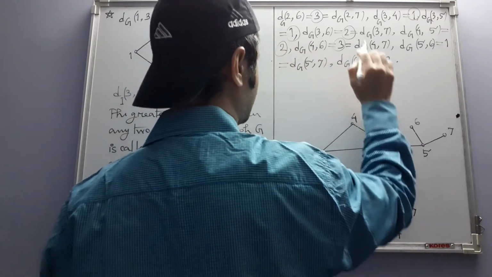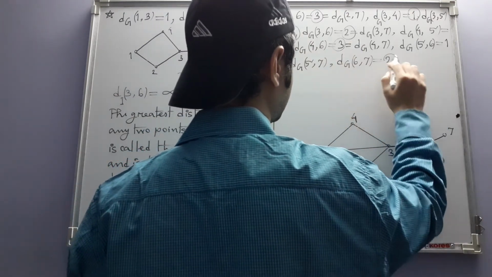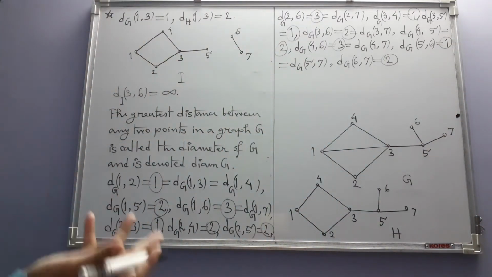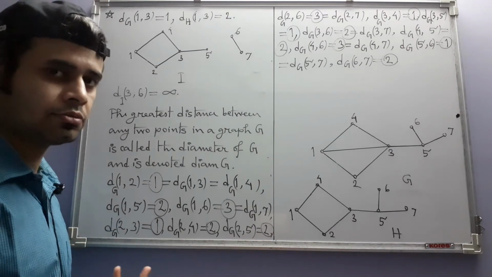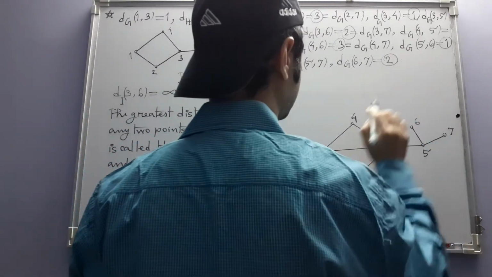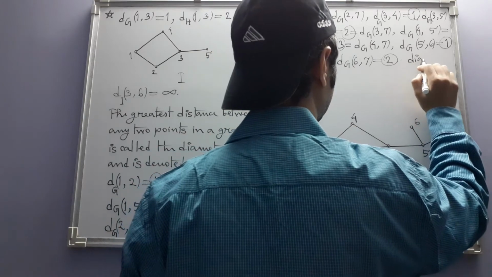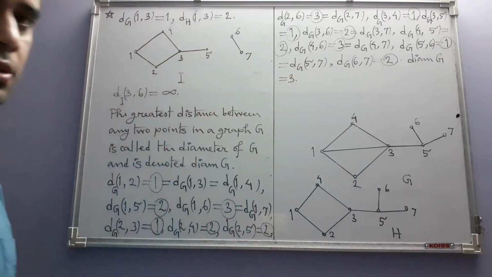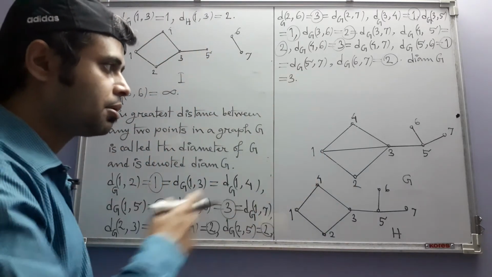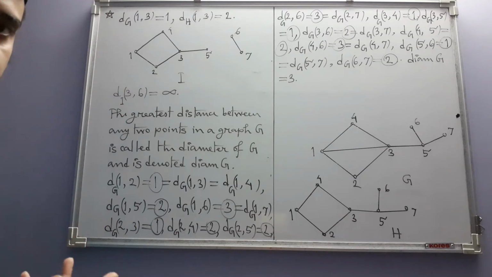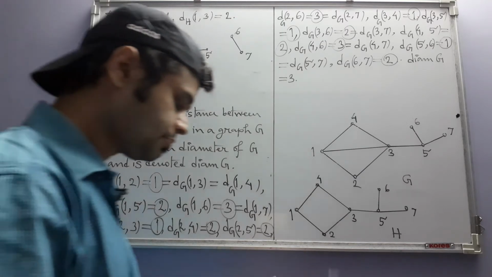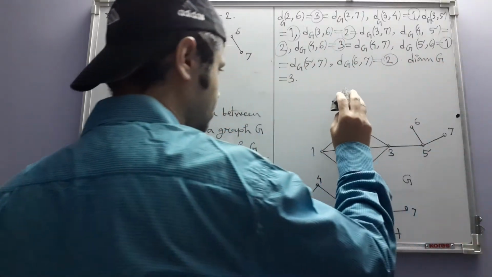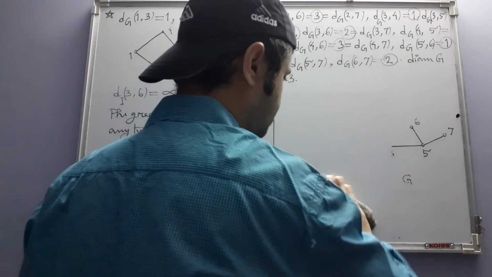We have vertices which are at distance 3 from each other, but no two vertices are at distance more than 3 from each other. So that's why the diameter of G is 3. So that's what diameter is, maximum possible distance in a graph between two vertices. Okay, now here we then have a proposition.